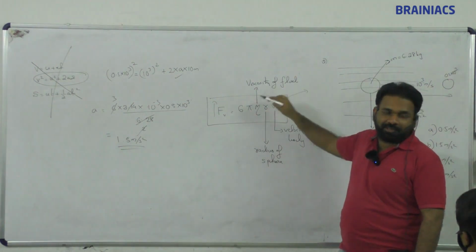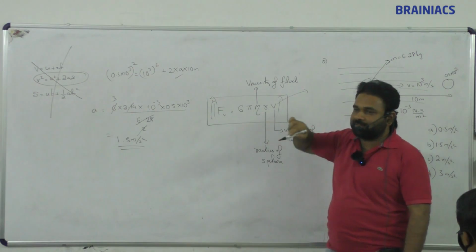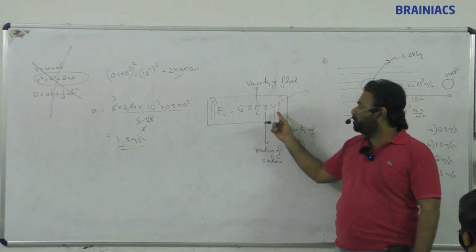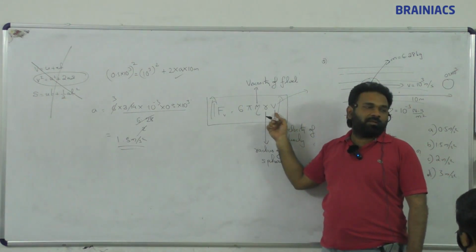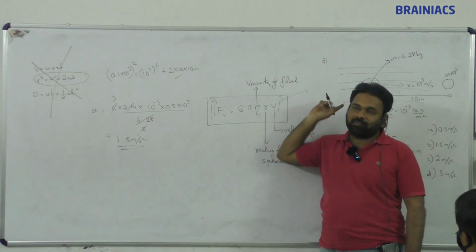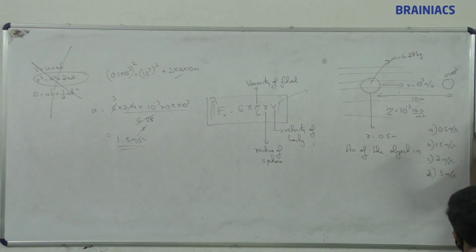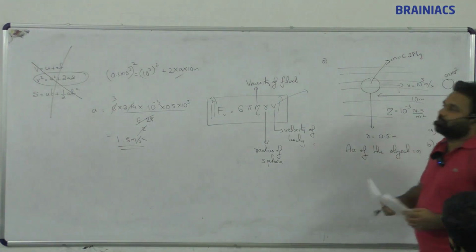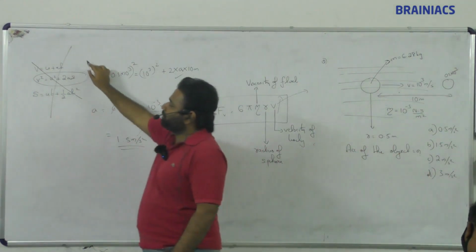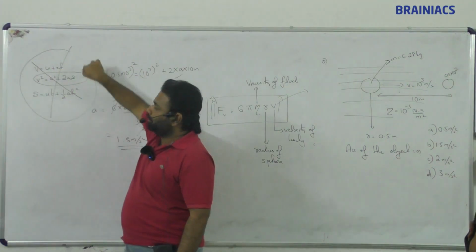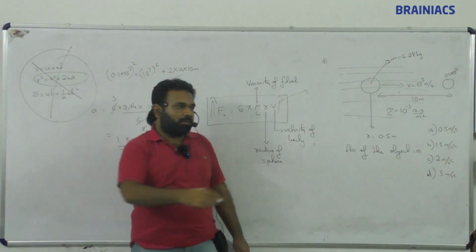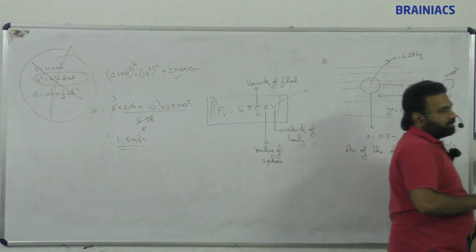When velocity increases, again force will increase. So this velocity, this force, this acceleration, they are not constant. Only for constant acceleration can we use all these equations. So here we have variable acceleration.